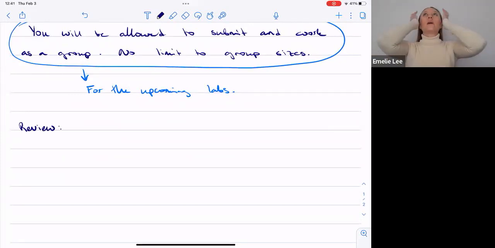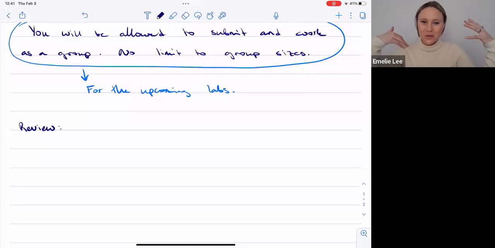We said, okay, well, we talked about what types of variables can I have? And specifically for numerical variables, how can I summarize the location, which is the center, and how can I summarize the spread, which is the variability?